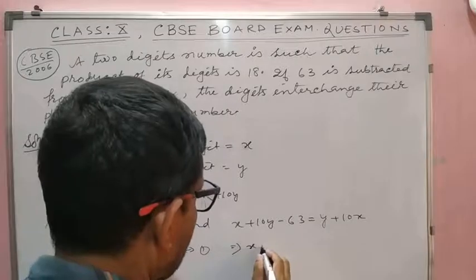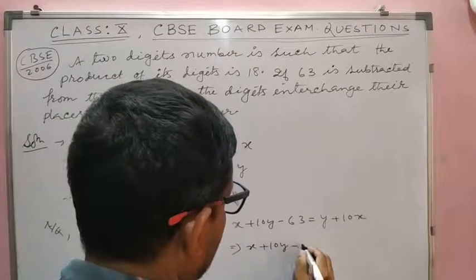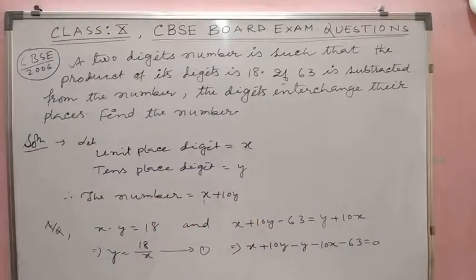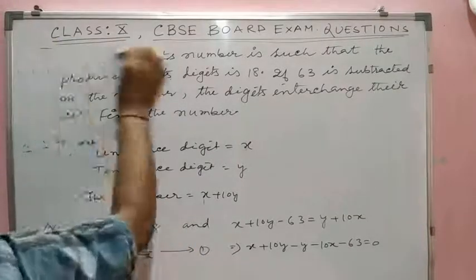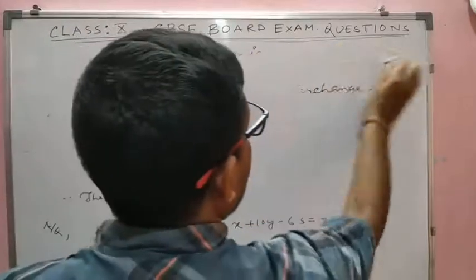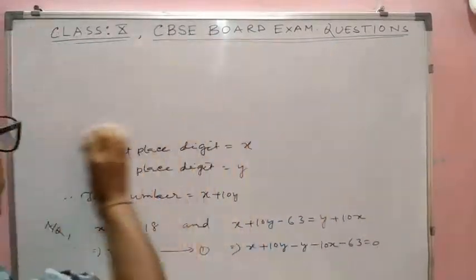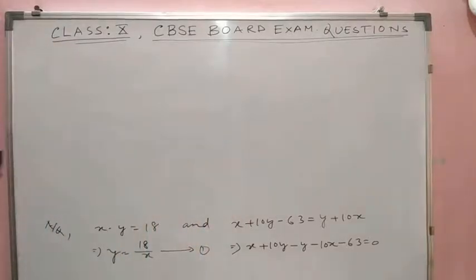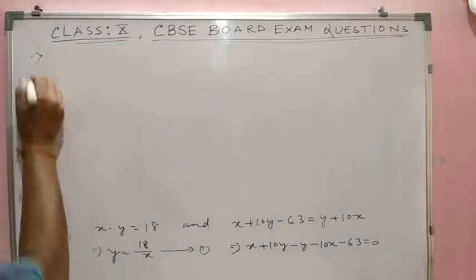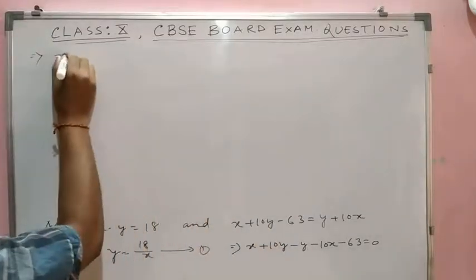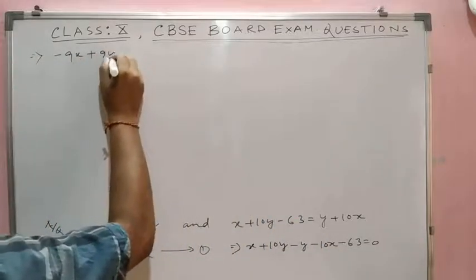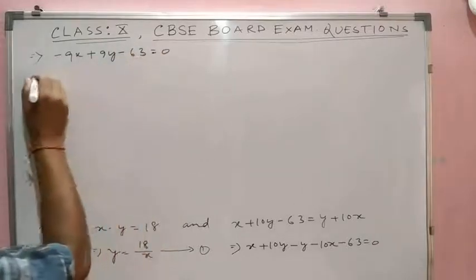Now let us simplify this. It will be x plus 10y minus y minus 10x minus 63 equal to 0. Now let us calculate this again. On calculation we get, we can write this one as minus 9x plus 9y minus 63 equal to 0.